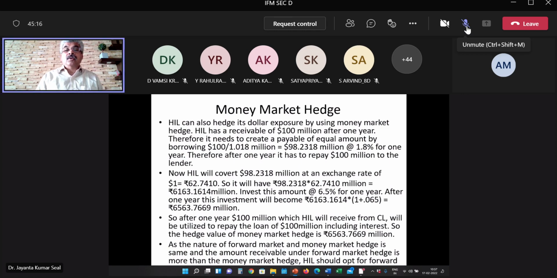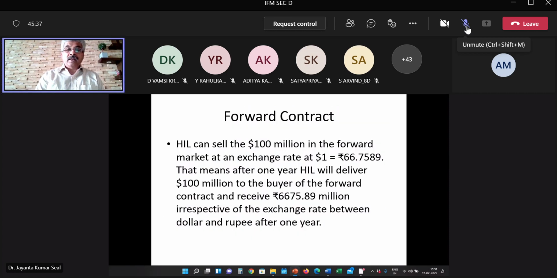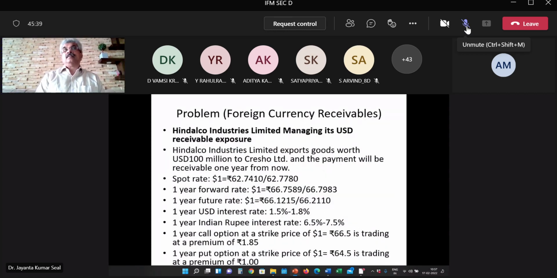So how do you repay this $100 million? Very simple. After 1 year, you are going to get $100 million from Hindalco, from Creso, which will be used. Now, what do you do with $98.2318 million? You convert it into INR. What will be the exchange rate? 62.7410.